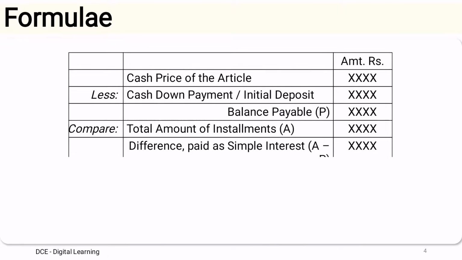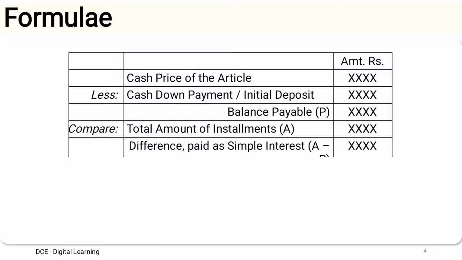Now the formulae used for this topic are as follows. In every problem we need to prepare this table. This table shows us the amount of simple interest payable by the buyer to the seller. In this table we first take the cash price of the article or the asset.